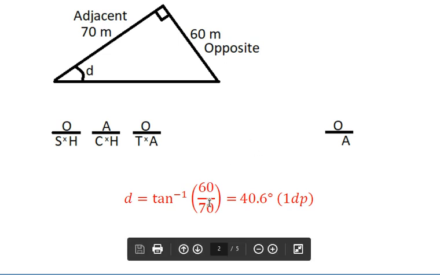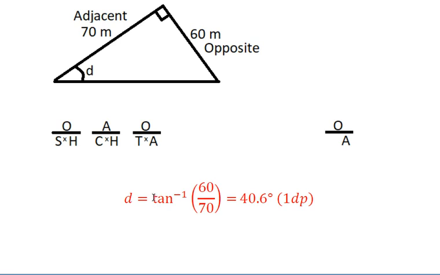So 60 over 70, and you take inverse tan, because we're doing the opposite operation. To find an angle, you use inverse. It's the opposite of what we've been doing up until now. We're using straightforward sine, cos and tan up until now, because the angle was given, and when you're trying to find the reverse of that, which is what the angle is, do the opposite operation of inverse tan.